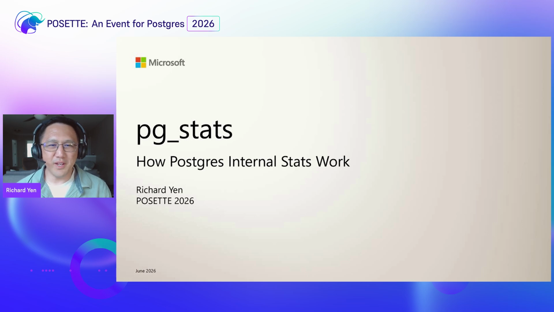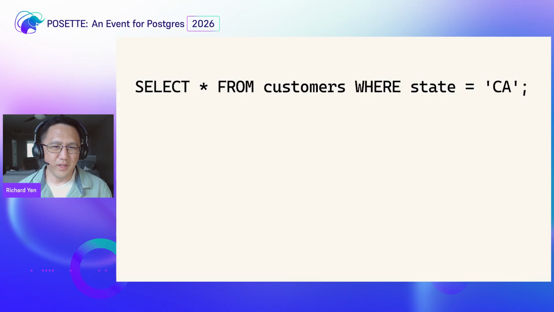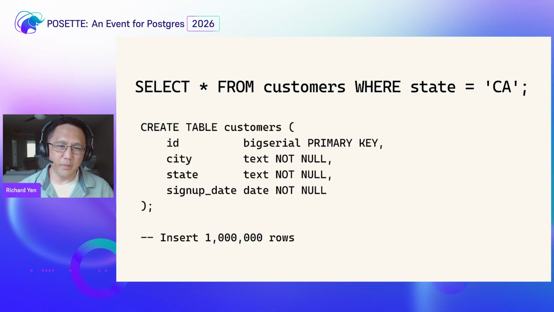So many of you guys probably have experience working with simple queries like this easy one right here. Select star from customers where state equals California. Very simple. It's a table with customers and some information about the customer. For simplicity's sake, we're going to make it very simple like this: ID column, city, state, and the sign up date.